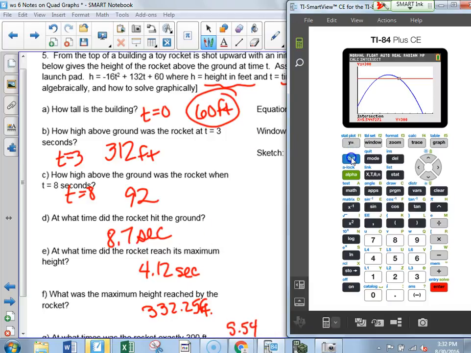To find the other time, guys, I'm recording. Could I just finish? Second, and I want to find the other intersection point. So I'm going to go enter, enter, but I'm going to scroll over for my guess to the other one. Ever so slowly, apparently.